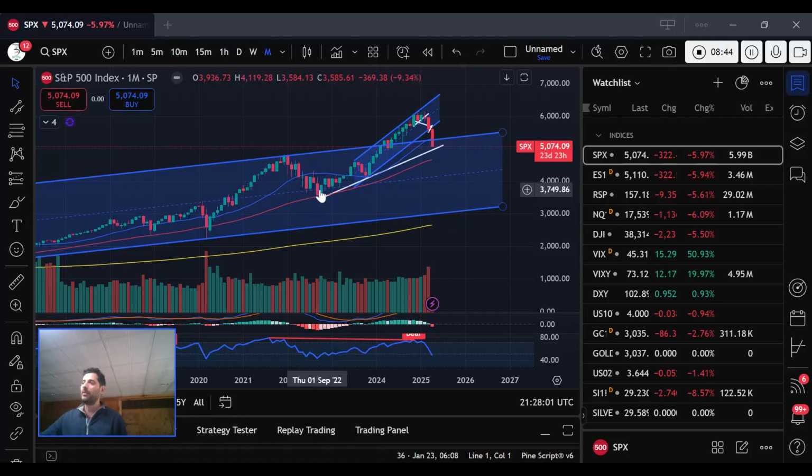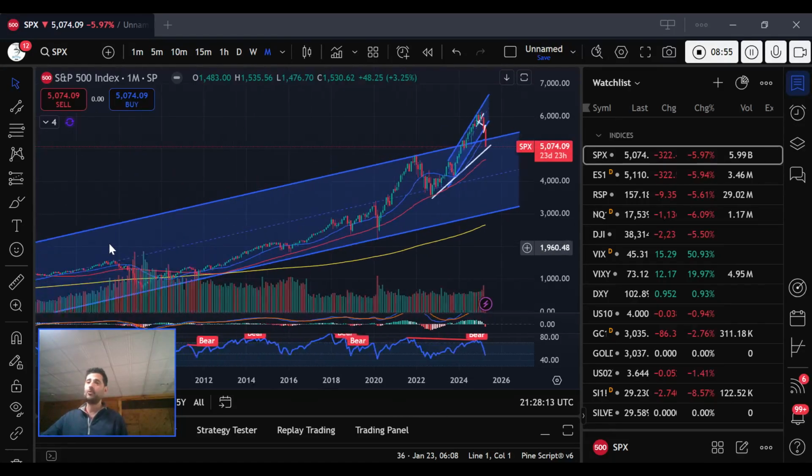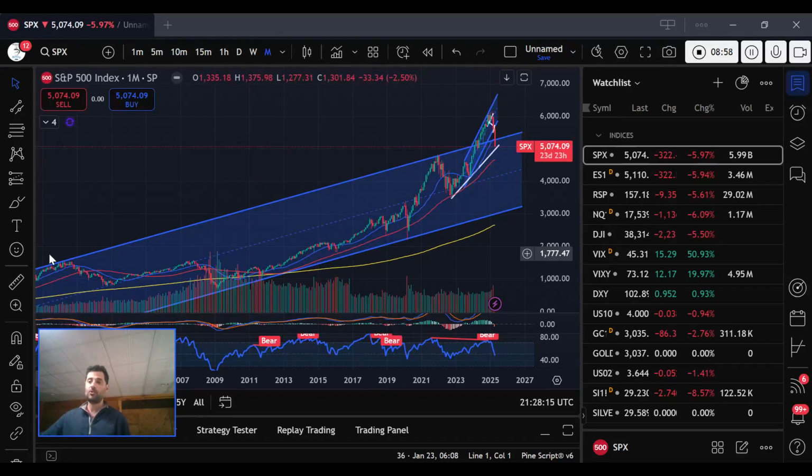So from the middle of the trend line, just about up through, there was so much stimulus that it literally blasted through this parallel channel, going back to before 2000.